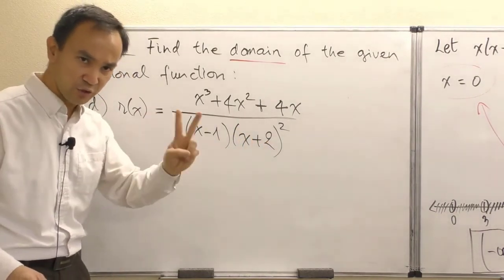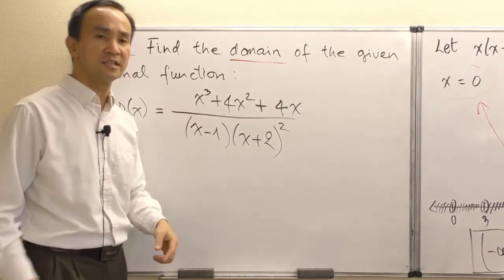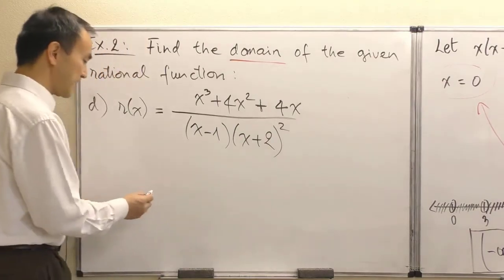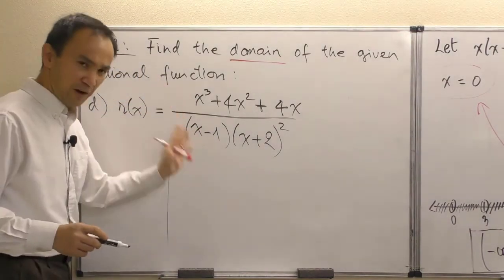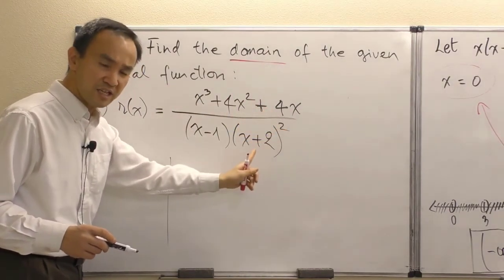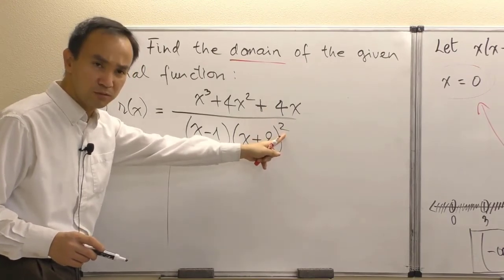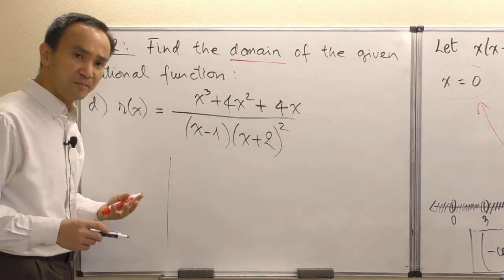But we only have 2 distinct linear factors, and consequently end up with 2 distinct zeros right there. All right, so let's get to it. So really, when we're just finding the domain, my point of bringing up this problem is sometimes you may see a distinct factor but come with some multiplicity. That should not alter our conclusion about the domain.